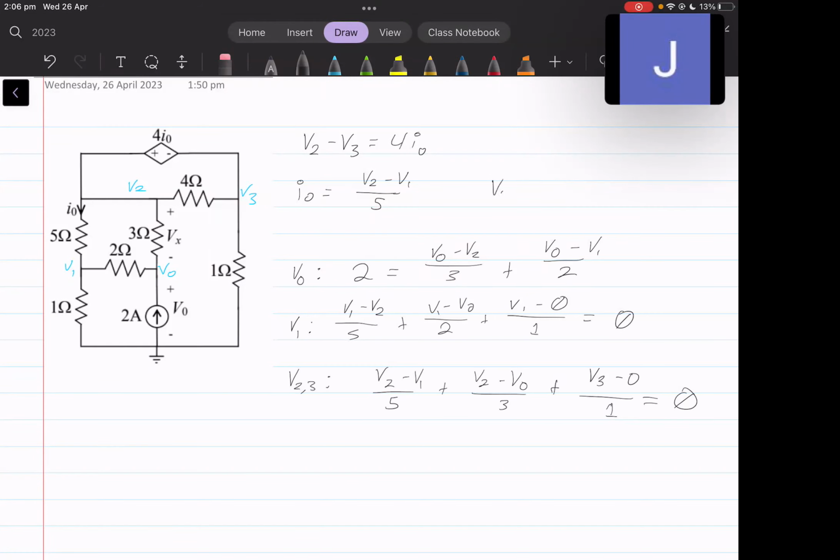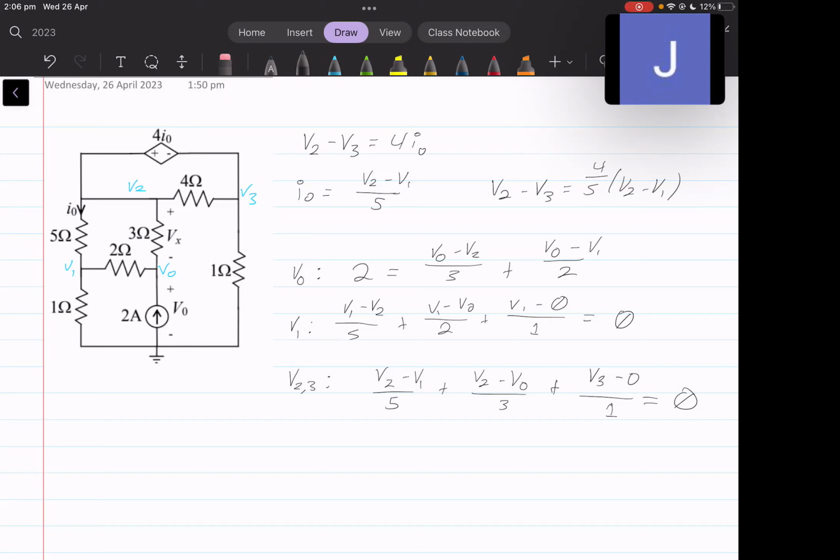So then we can say V2 minus V3 is 4 on 5, V2 minus V1. So is that all good so far?